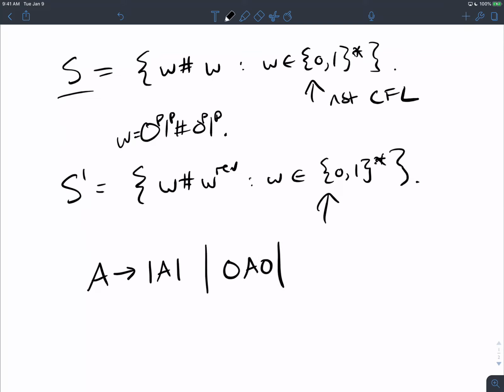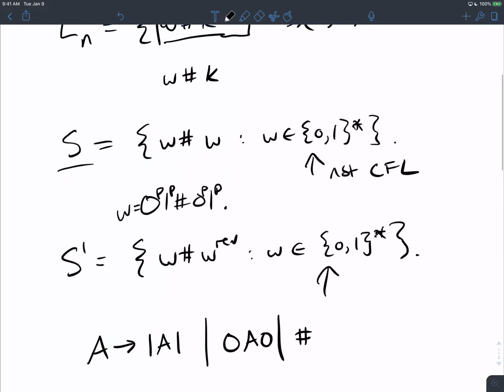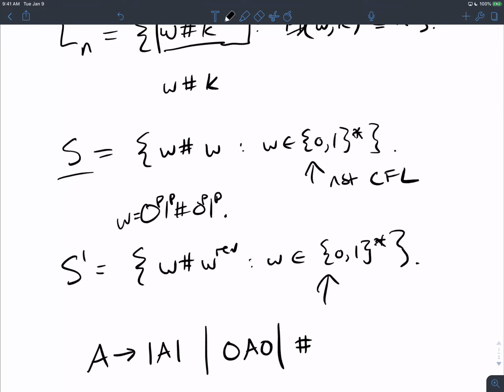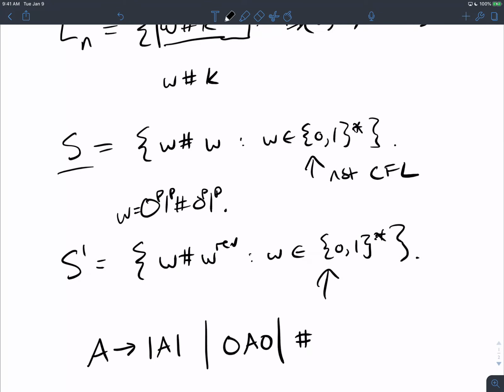And when I get all the way down to the middle, the only thing left is a £. So that's the reason why I put reversed here: by having reversed here, it actually is context free, whereas if I took the reverse out, it isn't context free. Okay?